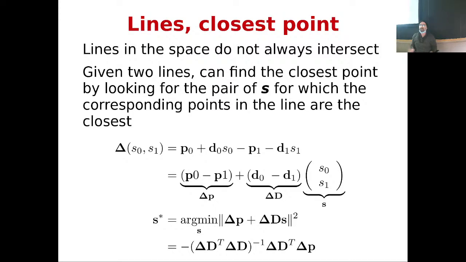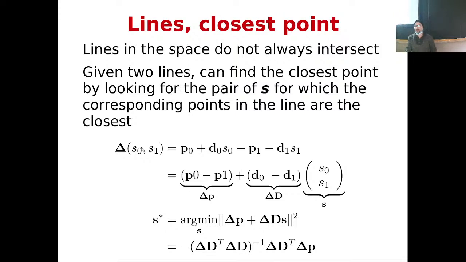Okay? So we could define a delta, a vector, that is the difference between a point in one line and a point in the other line. Let's call this vector delta over here. And clearly it's a function of S0 and of S1, because S0 identifies the point on the one line, and S1 identifies the point on the other line.